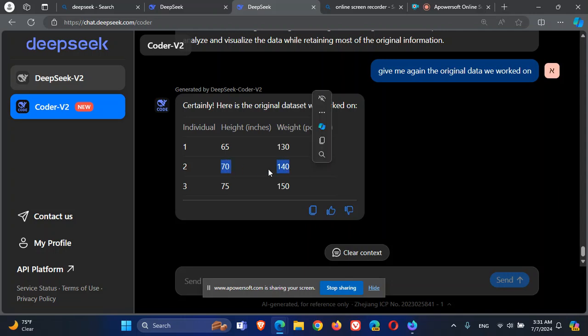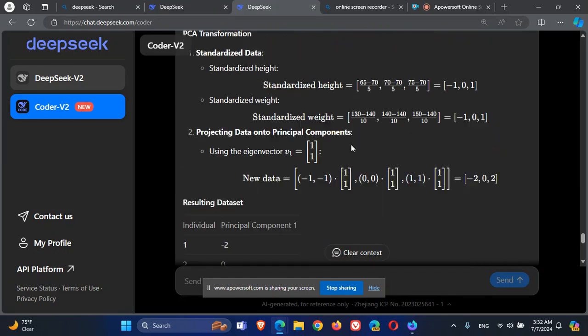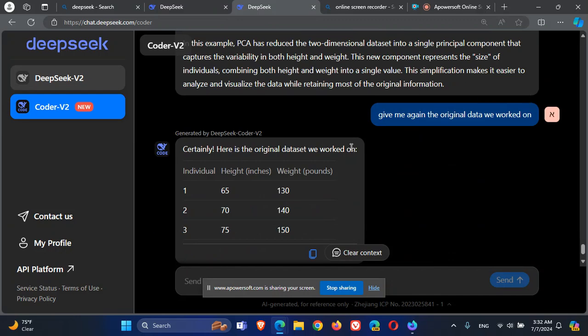We took this, standardized this, and projected this onto the first principal component. Yes, this is what you did.